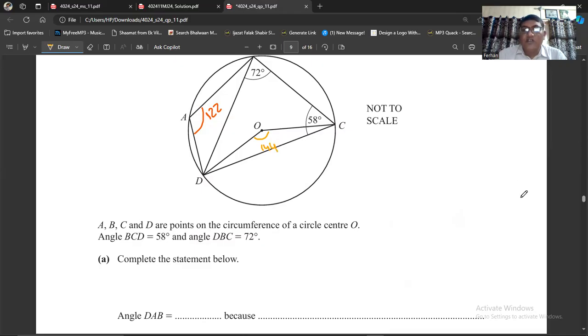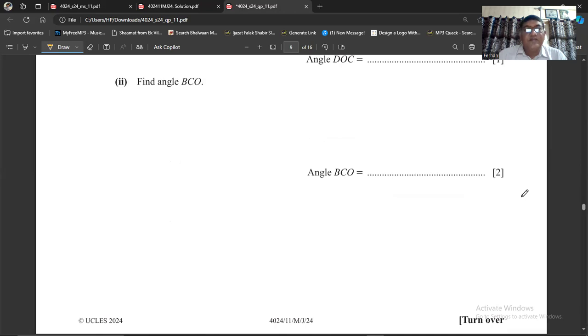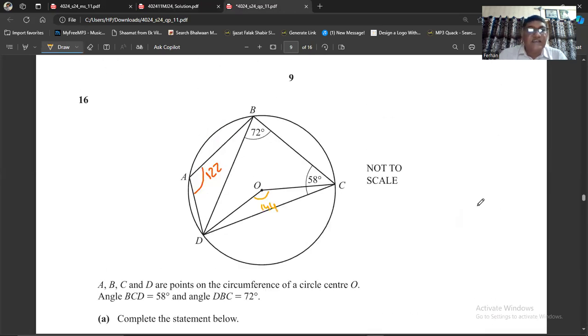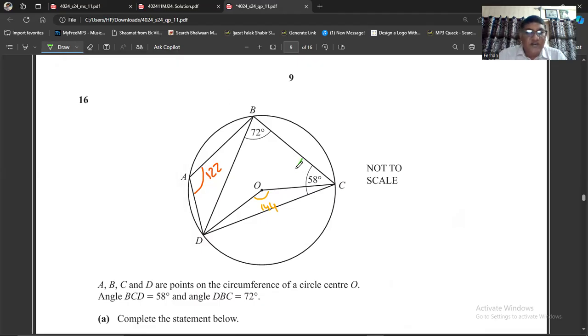Then they want me to find out the angle BCO. So let's find BCO. Basically they want me to find out this angle.